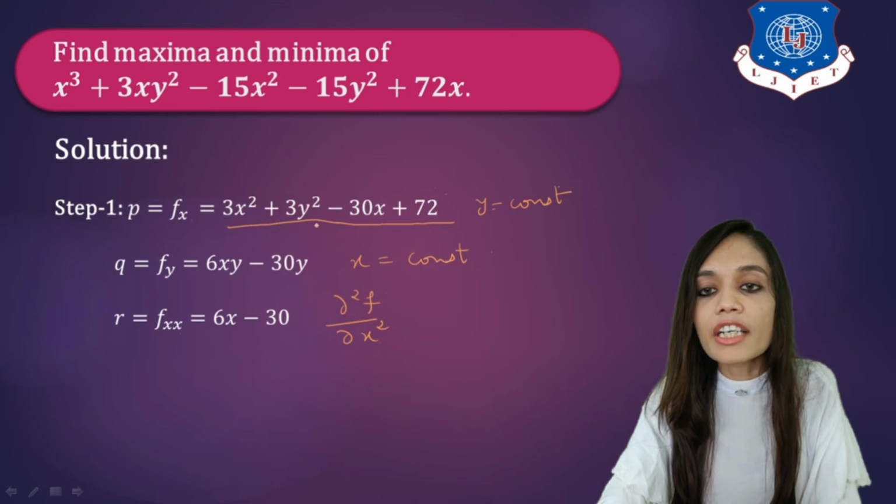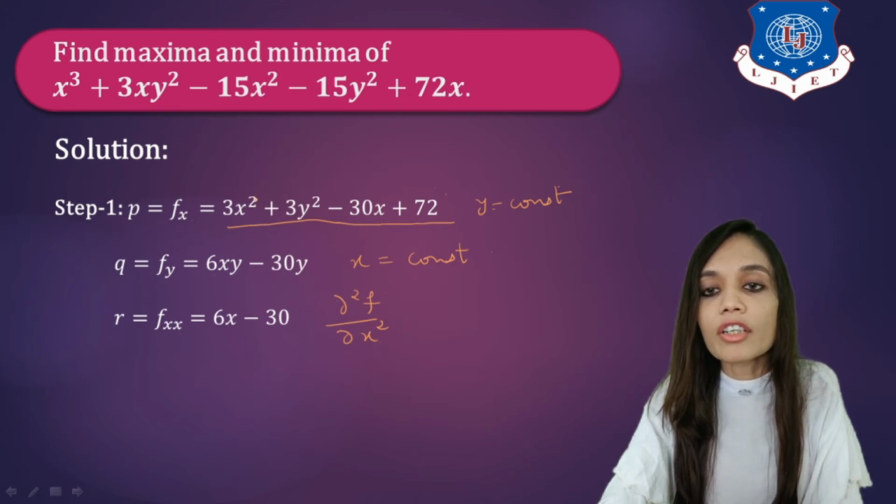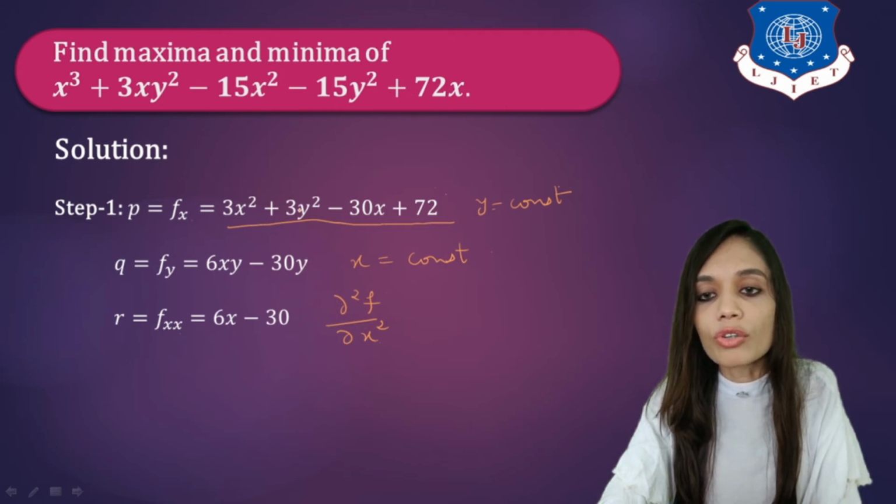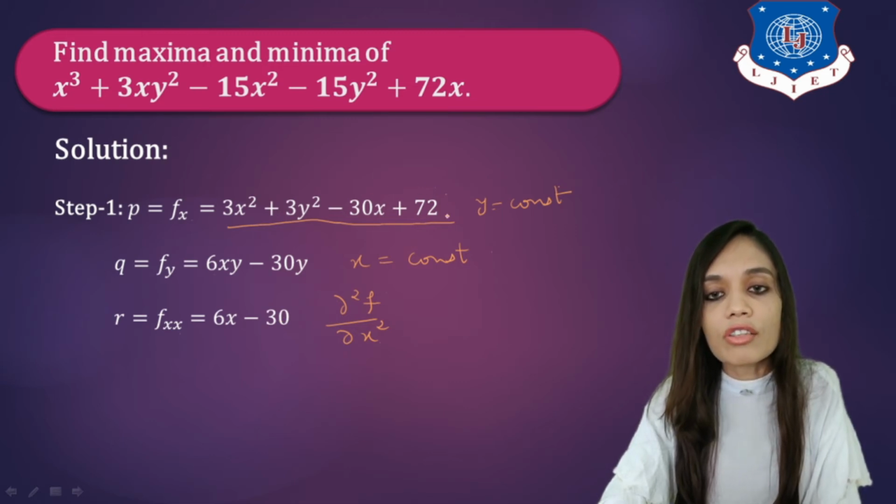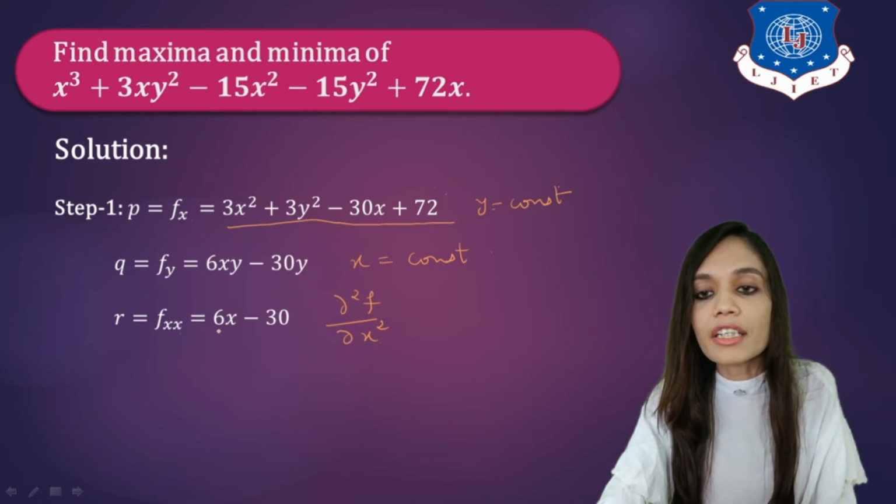So do the partial derivative of this term with respect to x again. So the derivative will be 6x. The derivative of this will be equal to 0, and from here you will get minus 30 because the derivative of x will be equal to 1. This is constant, so the derivative will be equal to 0. So your r is 6x minus 30.